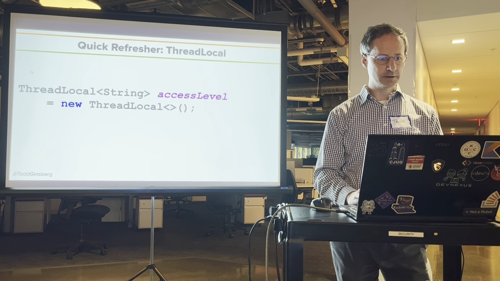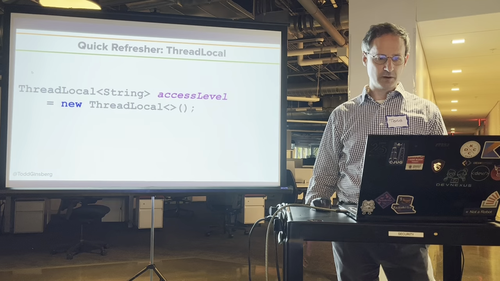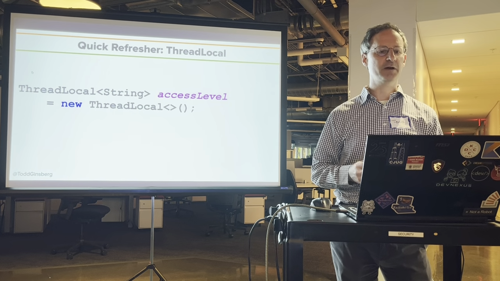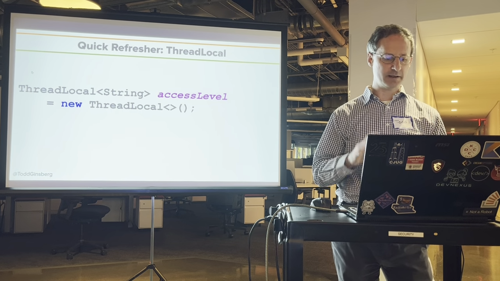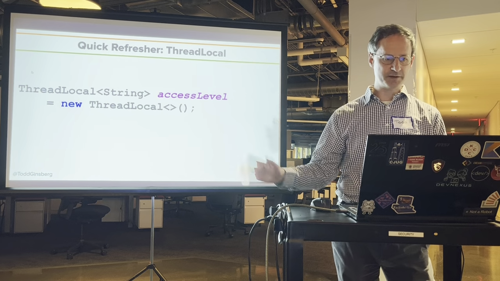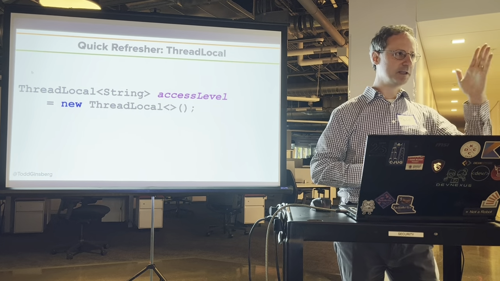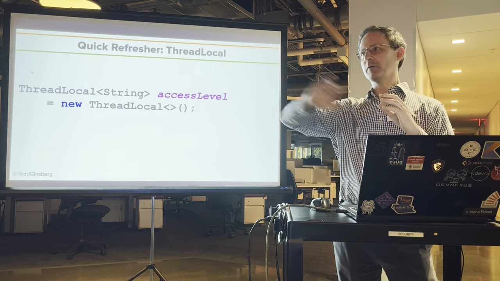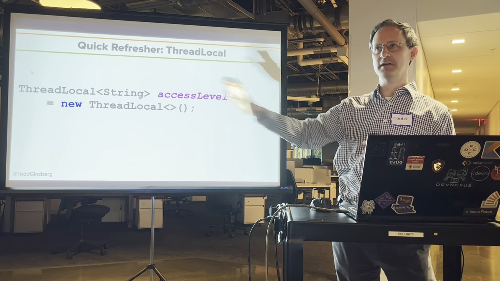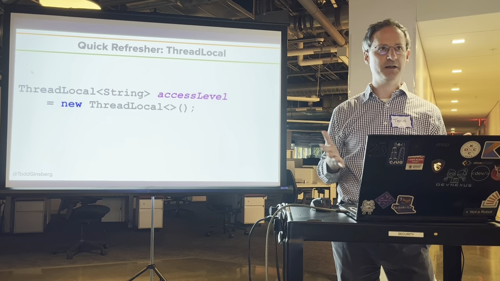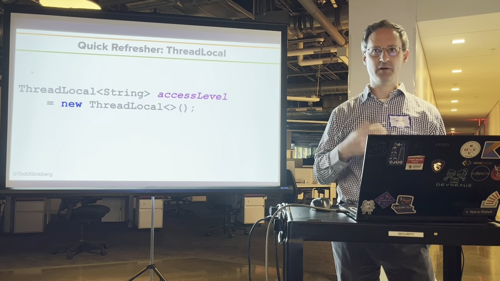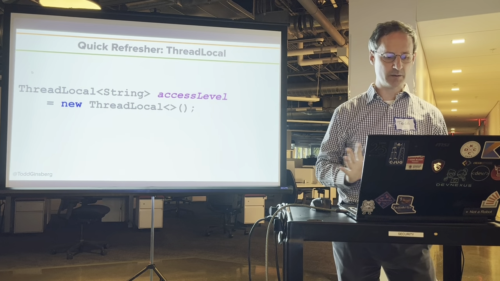Namely, let's see how they work first. Okay, so we've got this ThreadLocal, it's a type string, and we'll call it access level, right? And so this is like an access level set per thread in a thread per request model. So your API receives some request, and that same thread handles it for the rest of the time with us, right? And we've all done this. Spring works that way out of the box. Every EJB container you've ever used works out of the box that way.